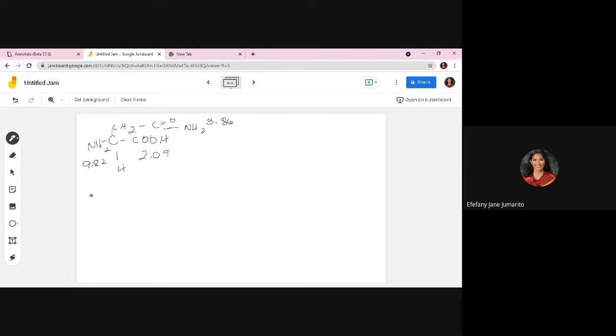Now, letter A. Let's draw the structure of the amino acid as the pH of the solution changes. We have 2.09.